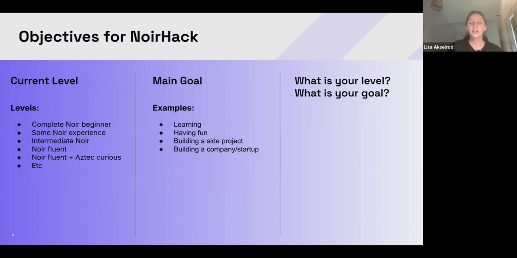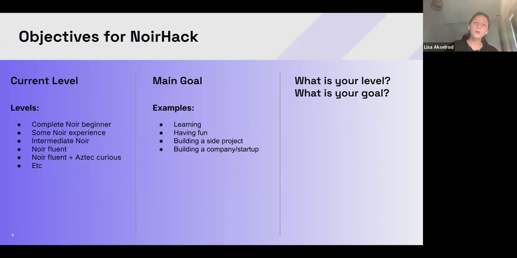Maybe someone is good in Noir, but has never touched Aztec, and this is something that you feel curious about. And maybe you played a bit with Noir, like tutorials or something, but have never built an application end to end. So the first thing, outline for yourself where you are in terms of your skills.